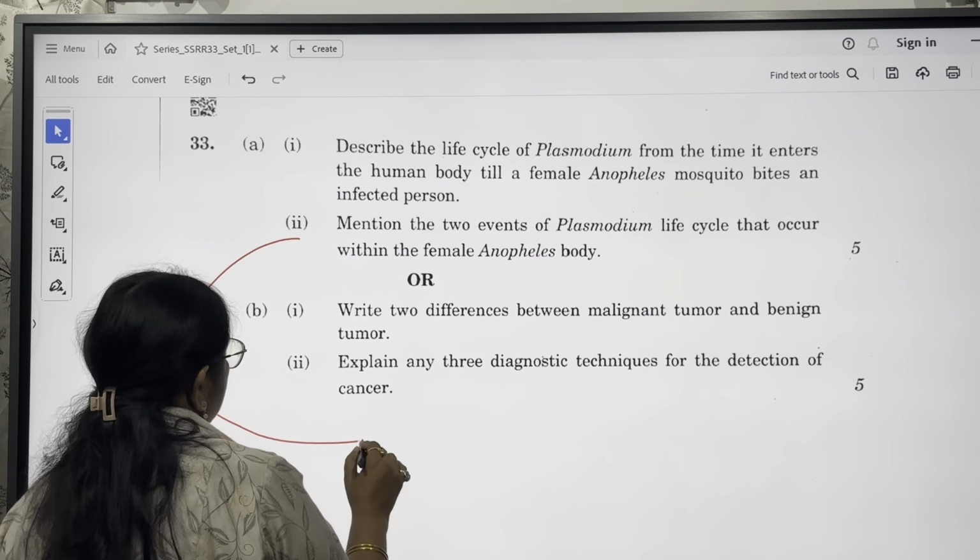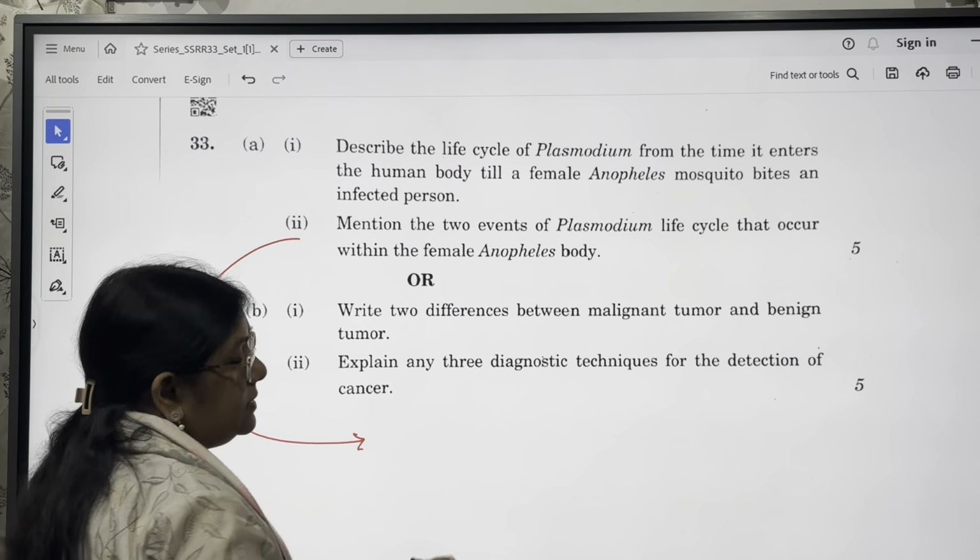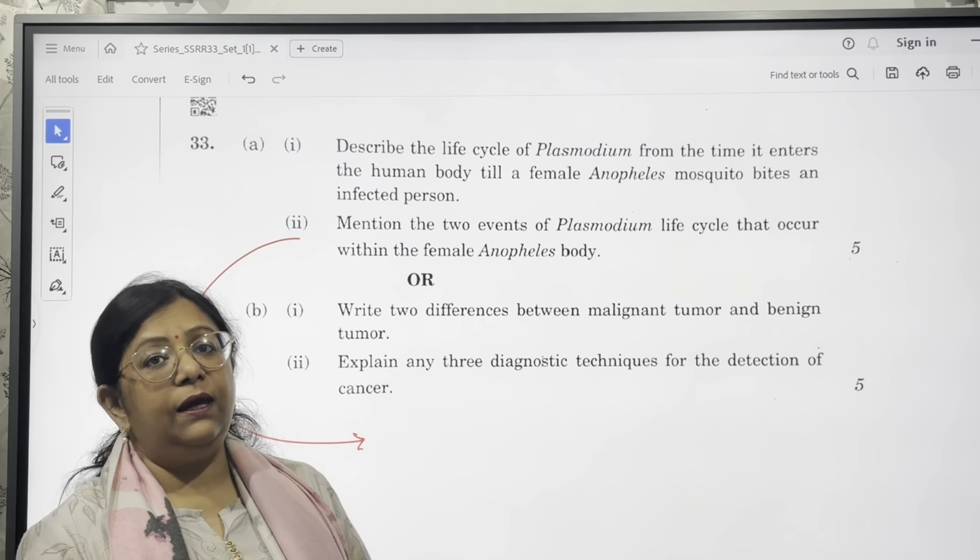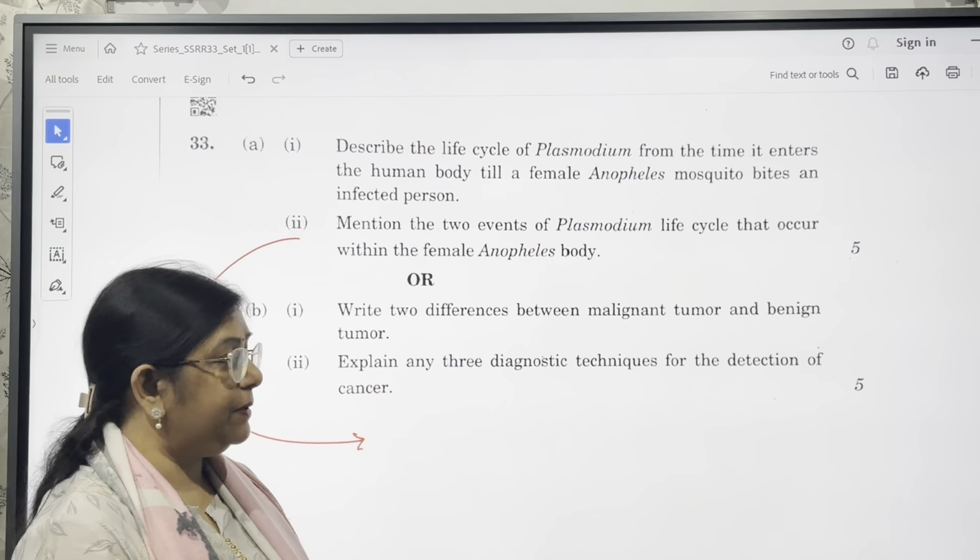You have just written that when the female anopheles bites the infected person, what happens?